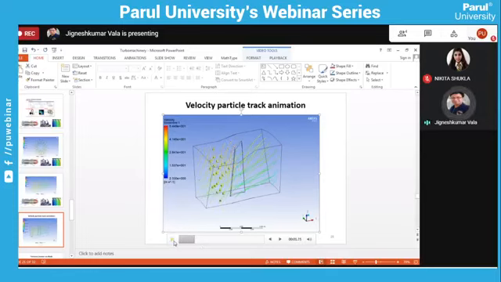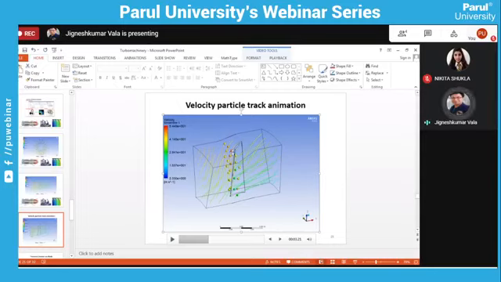What happens here? The particle is coming from the inlet part. Due to the boundary conditions, this particle of air travels over the blade, but due to the shape of the body as well as the boundary conditions, at this point it has a maximum velocity. This is the velocity streamline.